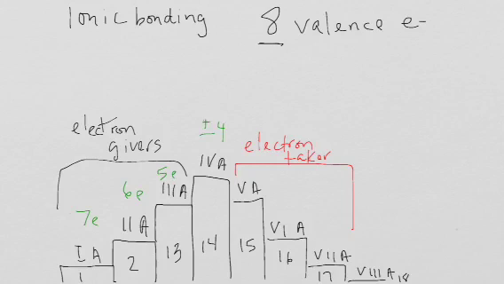Because even though you have 5 valence electrons, for that magic number of 8, you're going to be missing 3 electrons. You're going to need them to fill out that valence shell. In this case, for group 16, you're going to need 2 valence electrons. You're going to be missing those electrons. In group 17, you are going to need 1 valence electron because you're going to be missing 7.